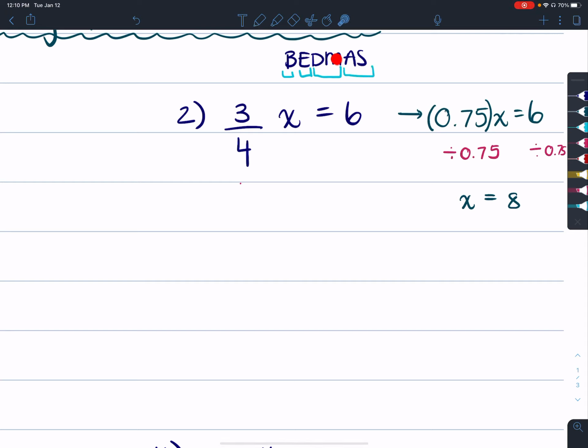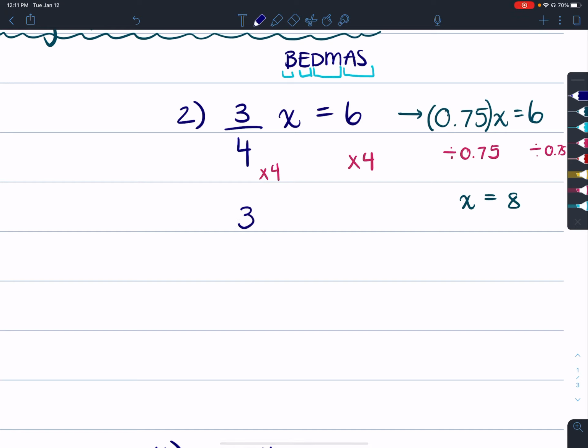Division and multiplication are at the same level. It doesn't matter which one you do first or second in this case. The first thing I want to do is get rid of that denominator. It's kind of ugly. Since I'm dividing by 4, I'm going to multiply by 4 to get rid of it. So I'm doing times 4 on this side and times 4 on this side to get rid of that division of 4.